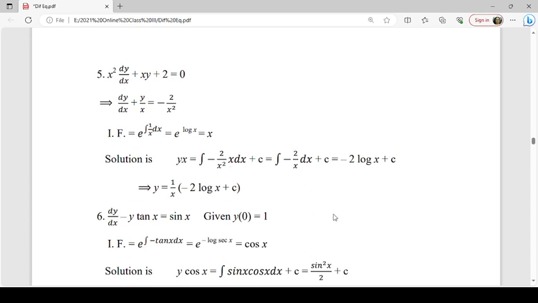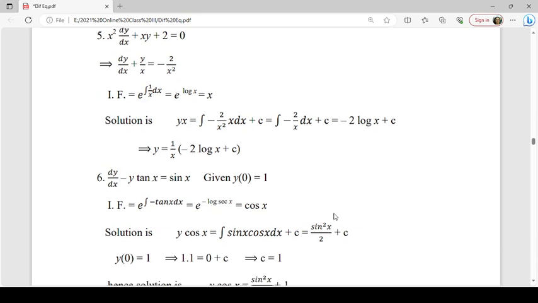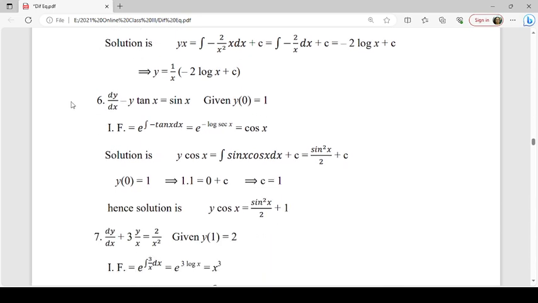And this number 6 we see, dy dx minus y tan x is equal to sin x. So here p is the coefficient of y, it is minus tan x, so the integrating factor is e to the power minus integration of minus tan x, and it is minus log sec x, or log of 1 by sec x, or log of cos x, so e and log go, remaining cos x.